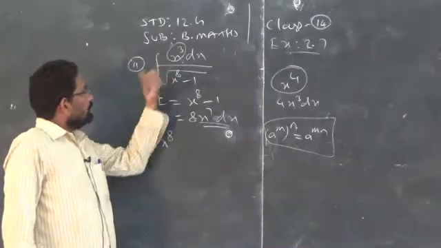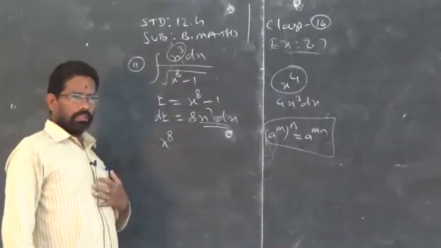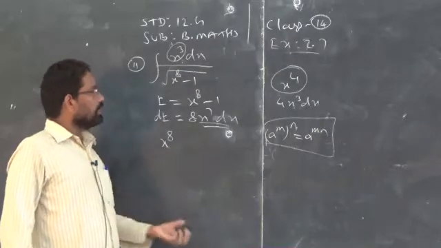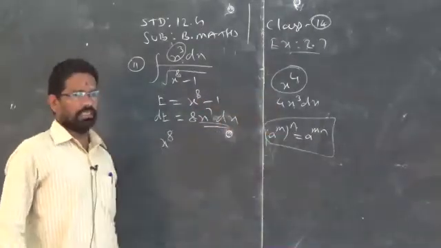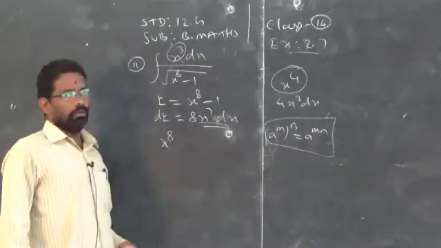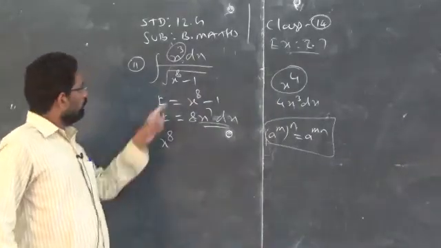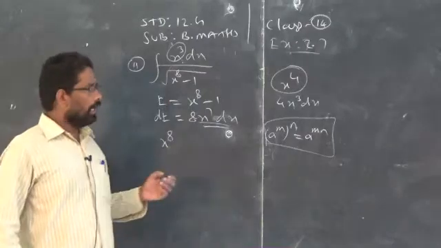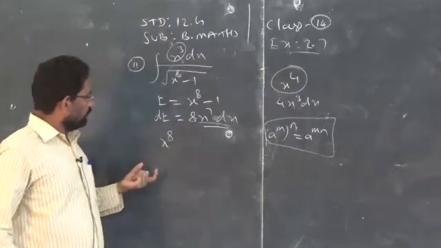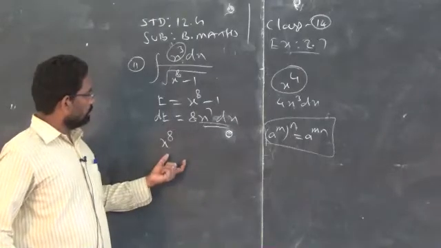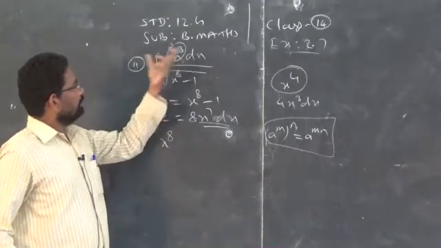Boys, I need x power 3. How do you get x power 3? After differentiating x power 4 only I get x power 3. Doesn't matter about the constant, but there is no x power 4. Therefore, I am given only x power 8. So I am forced to rewrite x power 8 in order to get x power 3 into dx.